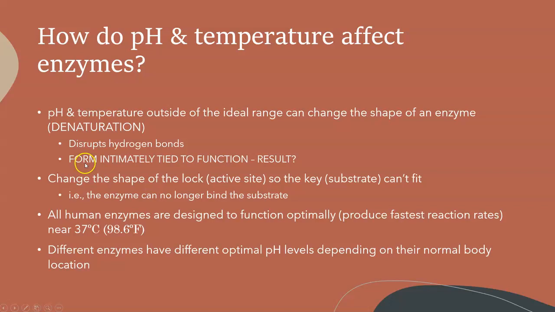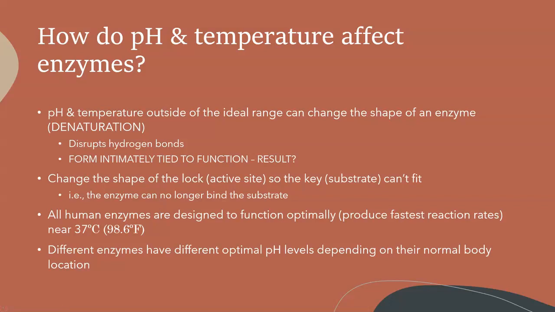Now, remember we said in the very beginning, form is tied to function. Well, if you change the form, you're going to change the function. So the shape of the lock, or the active site, changes so that the key, the substrate, won't fit. If that happens, you're not going to get the result that you want. The reaction will not occur.